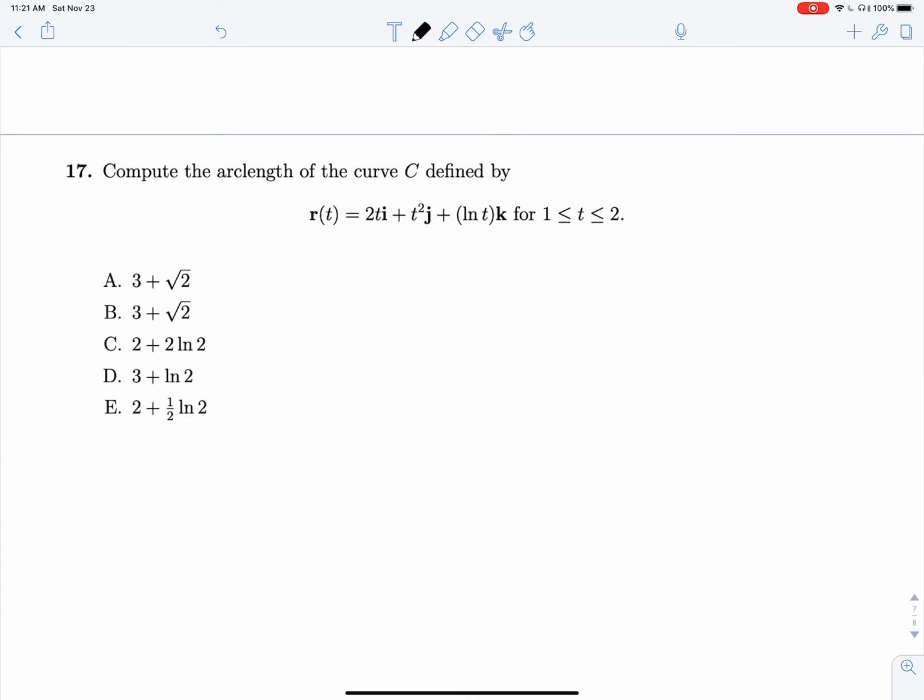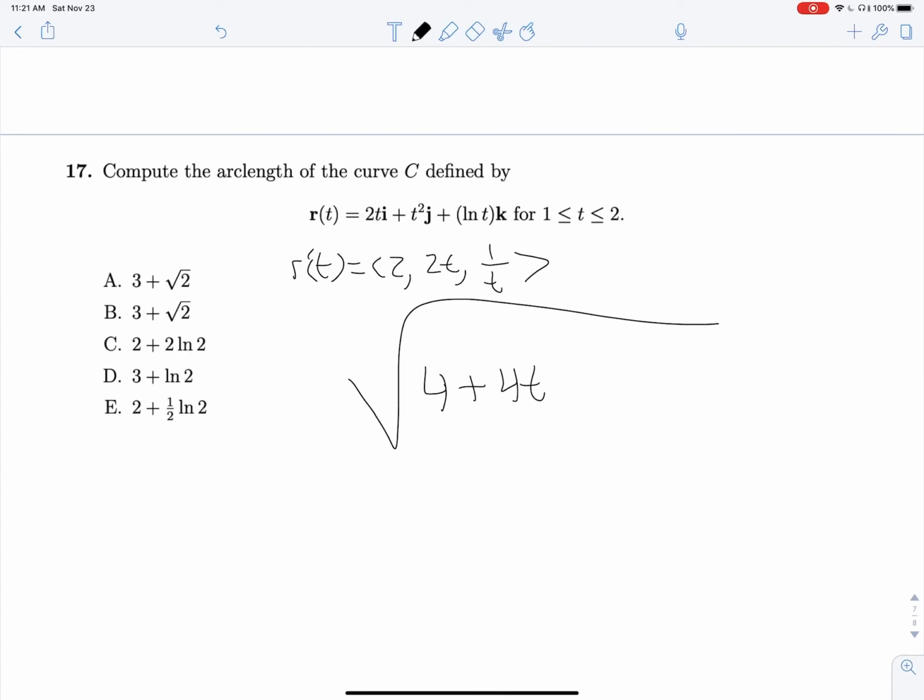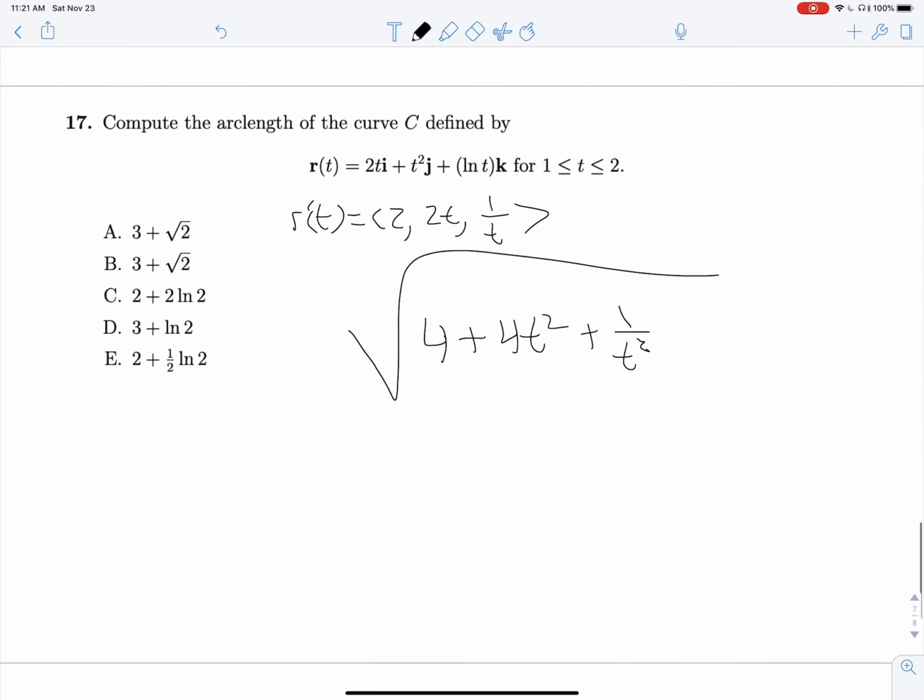Okay, finally, another pretty standard arc length question. We need an r prime of t, which is going to be 2t, 1 over t, and we can find our big square root. This will be 4t squared plus 2 plus 1 over t squared. Well, we've seen this exact thing before.